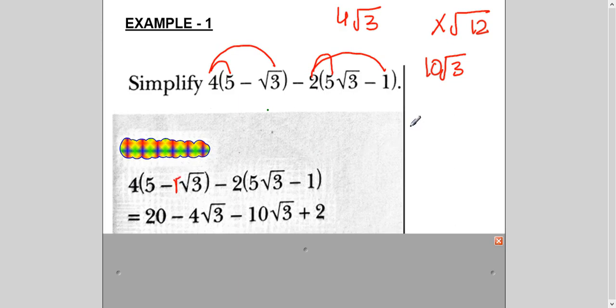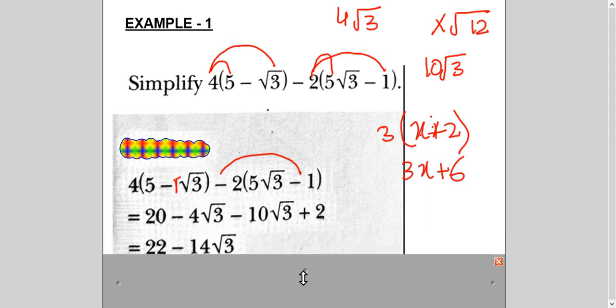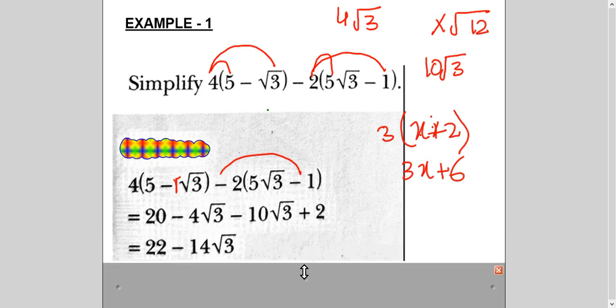Just like in algebra, if I have x plus 2 in the bracket multiplied by 3, for example, this multiplied by this is 3x, and this multiplied by this is 6. Exactly the same concept. And this is 2 5s are 10 root 3, 2 1s are 2. And signs are multiplying as we always do in the expansion of the bracket. Minus multiplied by minus is plus. So this is a basic concept. You need to focus on it because this will be applied later on in many examples.